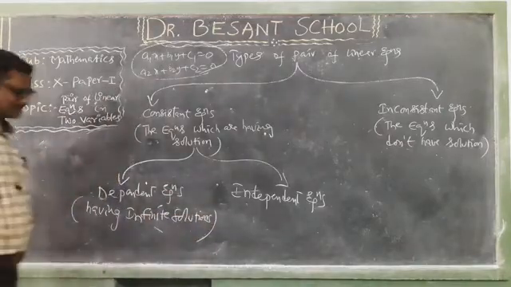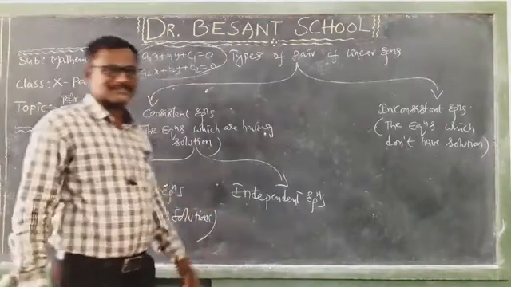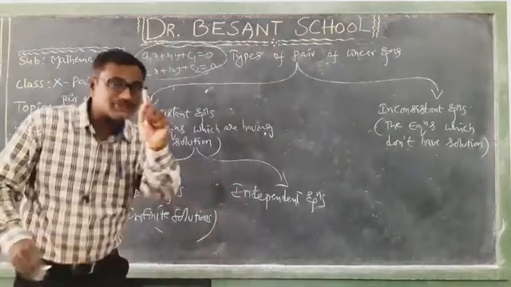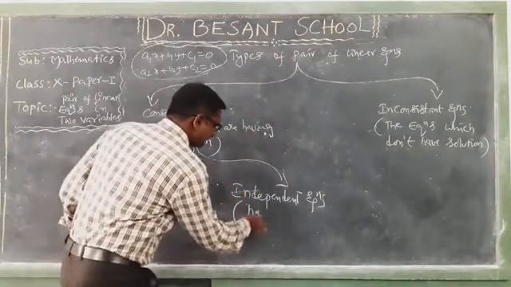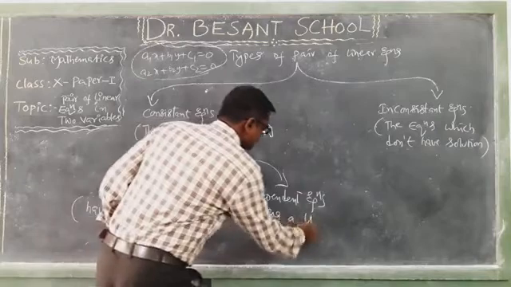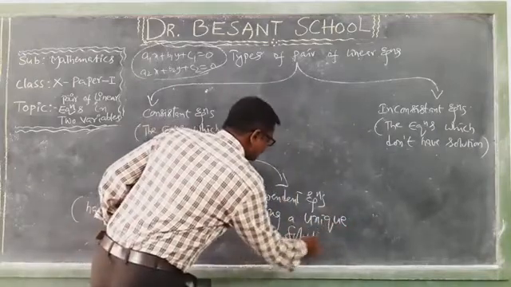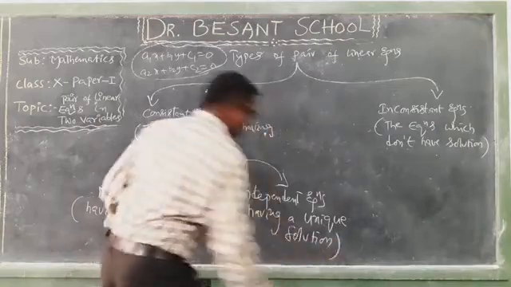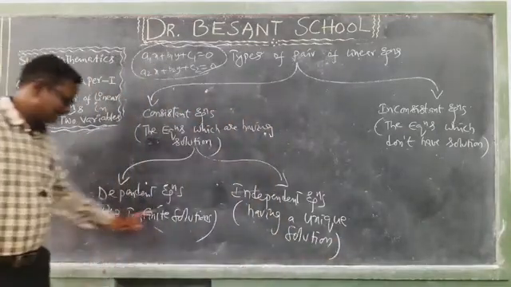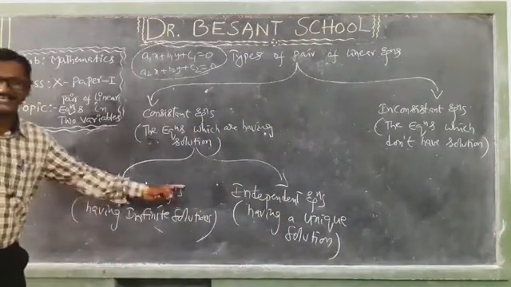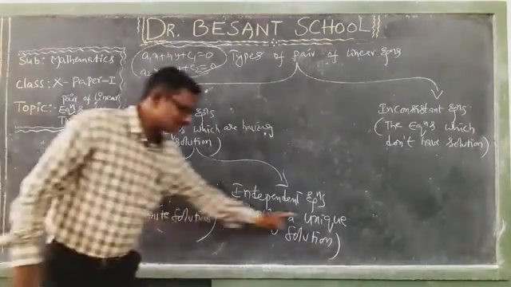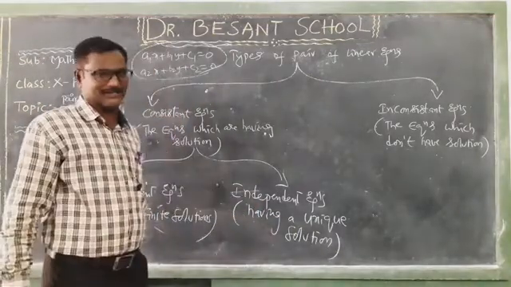Independent equations means equations which are having a unique solution. Unique means single. Okay, children? Equations which have infinite solutions are called dependent. Equations which have a unique solution are called independent.